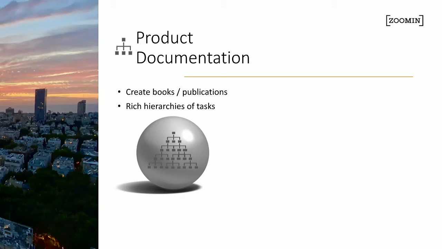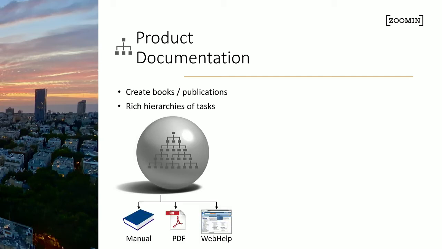So when you have this hierarchy of tasks as a publication, what you do then is that you need to create some output. And in a bygone era, you might have created a printed manual. But more likely today, you're creating a PDF, or you're creating web help, which can then be put on the web or sent along with the product.